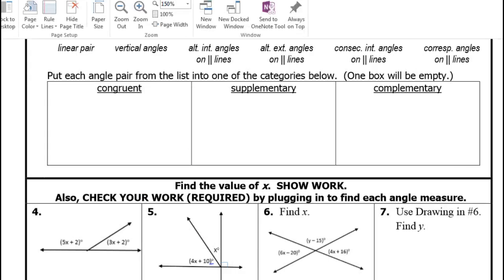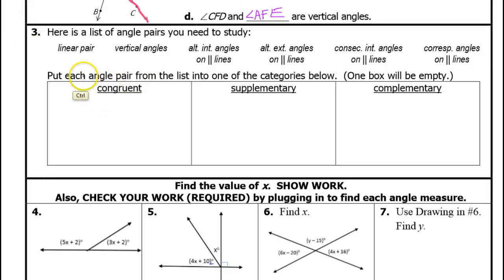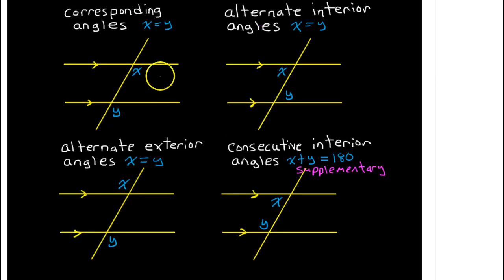Okay, so basically now we're writing down what I just said. Which angle pairs are congruent? Okay, well, that's these three for sure. Corresponding angles, alternate interior angles, and alternate exterior angles.